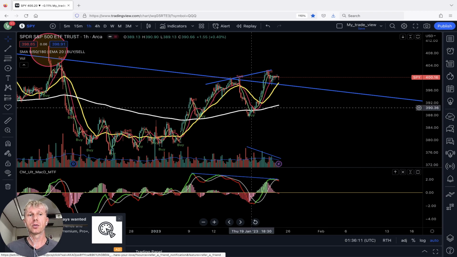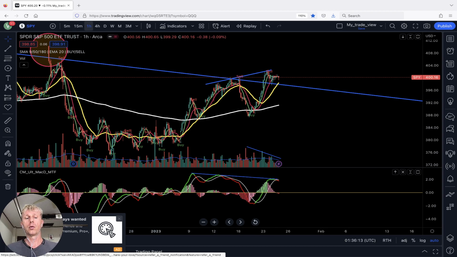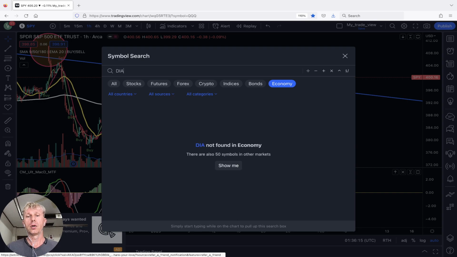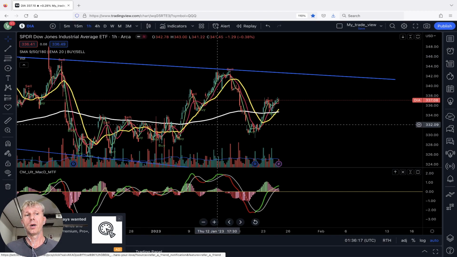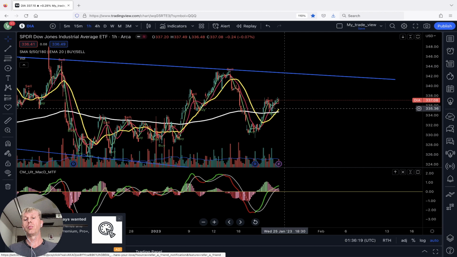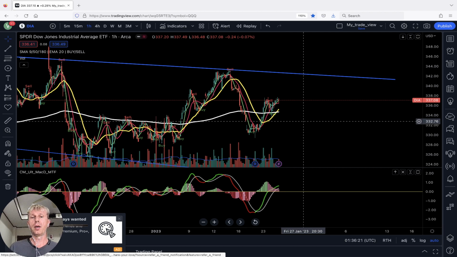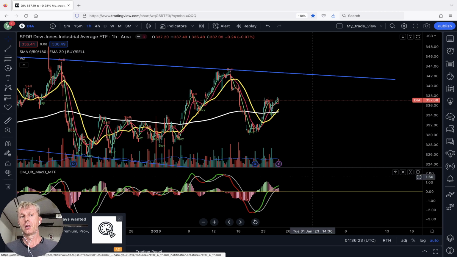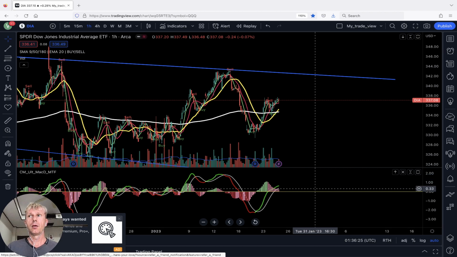For SPY, SQQQ, QQQ, Dow, Russell 2000, on 1 hour, it changed direction to bearish, ready for a bearish sale. Ready for a bearish reversal signal, and we consider it a bull trap.